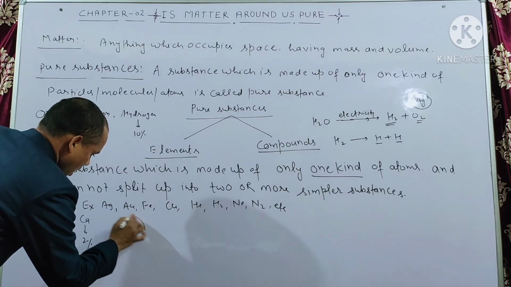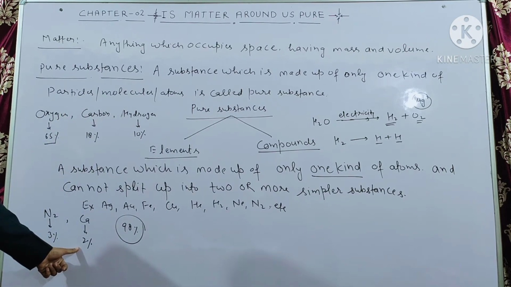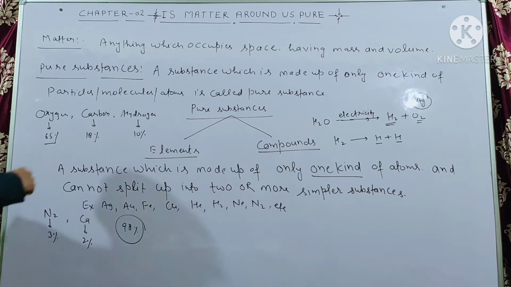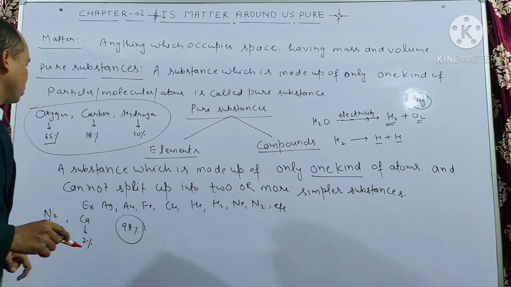That is, 98% of our body is made up of oxygen, carbon, hydrogen, nitrogen, and calcium. Basically, our body is made up of 3 main elements: carbon, hydrogen, and oxygen.